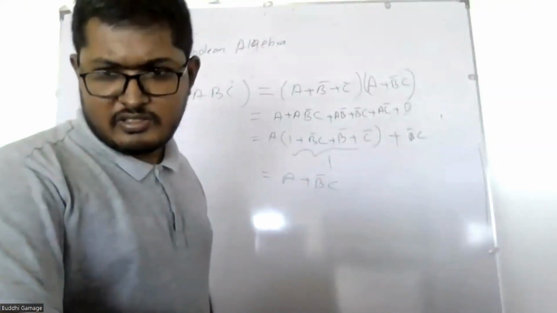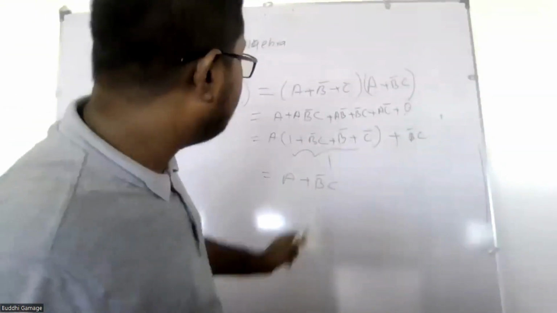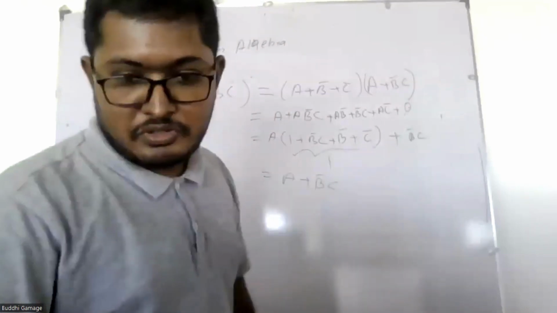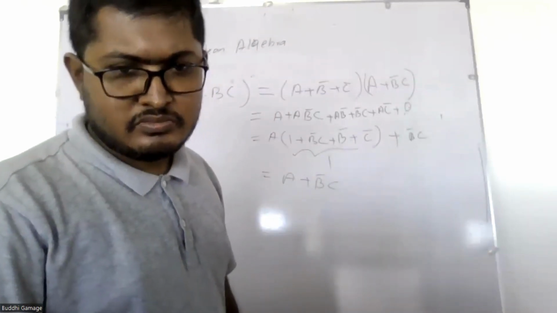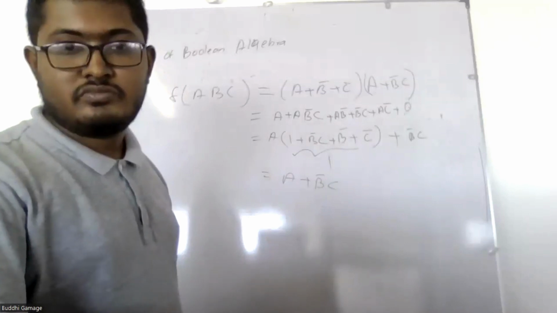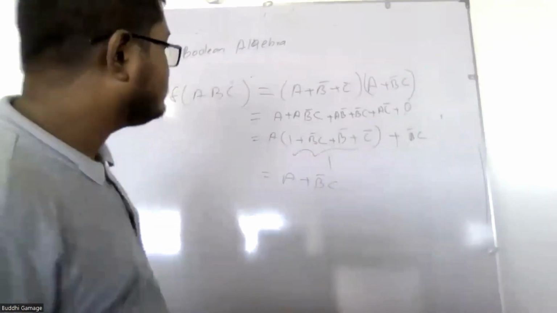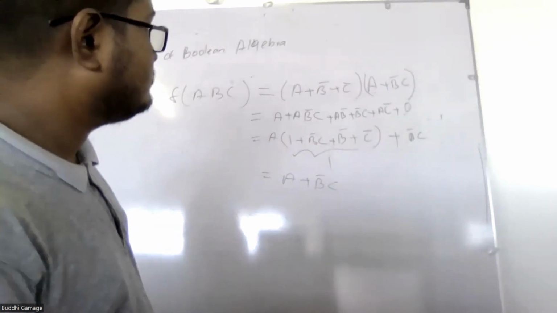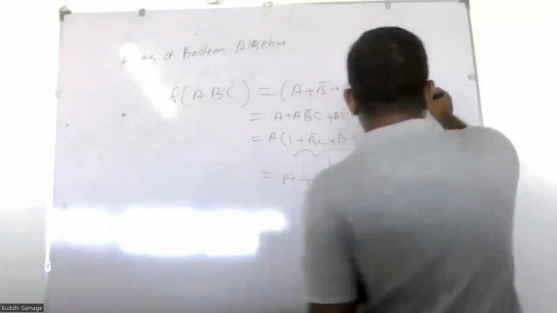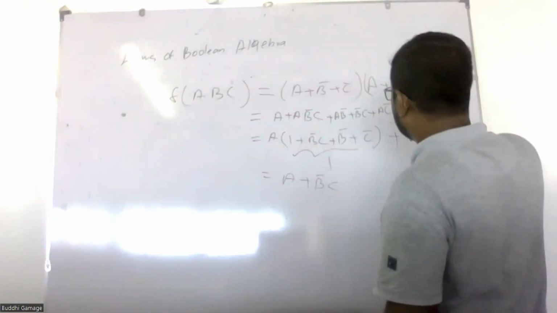So did you understand? This C also should be there. But what happened here with the zero?